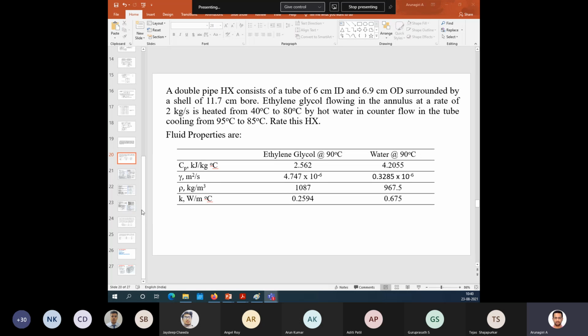From the trial value of overall heat transfer coefficient, we will calculate the heat transfer surface area. Once we know the surface area, we can decide the initial dimensions or initial layout of the exchanger. You can fix the D0, D1, and thickness of the wall, those things.